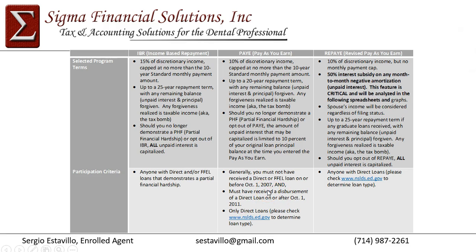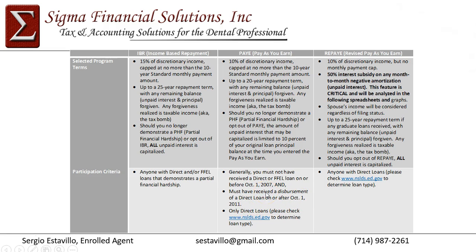The next one is pay-as-you-earn. This is the most restrictive in terms of who can participate. Essentially what you have to have is no federal loans that were issued on or before October 1st of 2007, and you must have received a disbursement from a direct loan on or after October 1st of 2011.